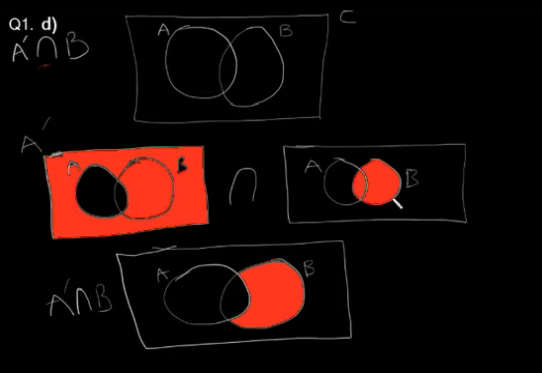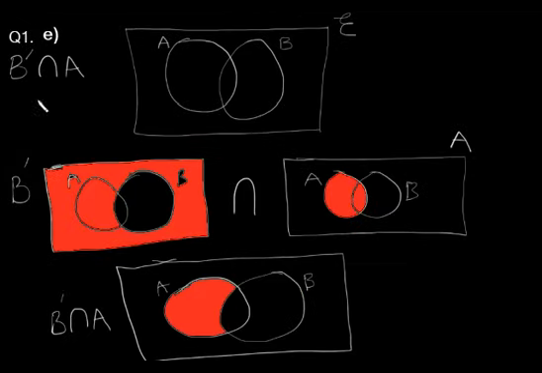So this is B, this is the shaded area, this is B, and this is A complement, and we're looking for the intersection, meaning the common shaded area between these two diagrams. Clearly, this is the only portion common between this shaded area and this shaded area, because the common part, which is the intersection of A and B, is in B but it is not in A complement. So the only common part left is this one, which is A complement intersection B.